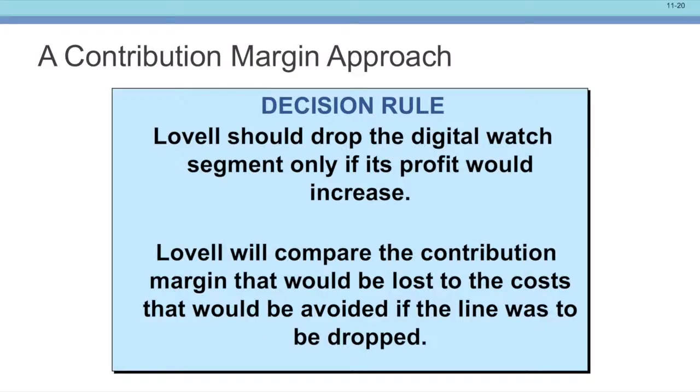The decision rule, as we said earlier, would be to drop the segment only if its profits would increase. So what we'll do is compare the contribution margin that would be lost to the costs that would be avoided if the line was dropped. We're going to look at contribution margin and see if that would be avoided or not if we lost the line.